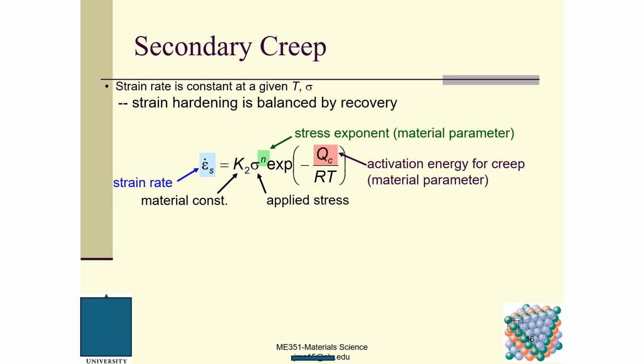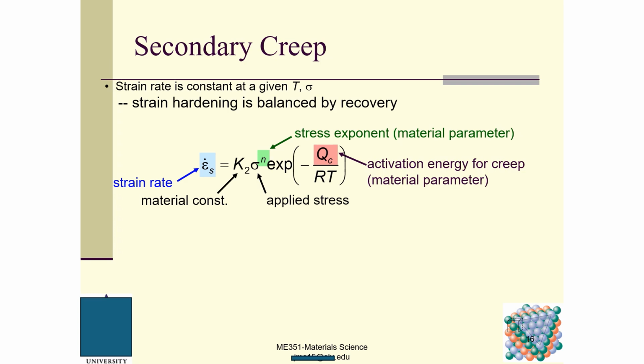this is a constant, times sigma to the n, the applied stress, times the exponential function, and within the parentheses is negative. Don't forget this negative when you do calculations. This Q_C is the activation energy for creep, a material parameter.